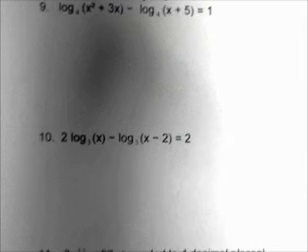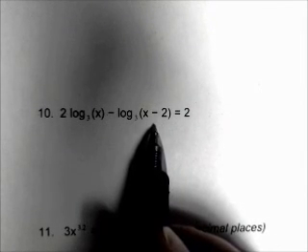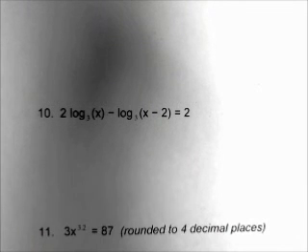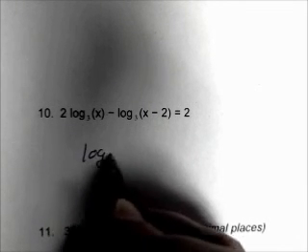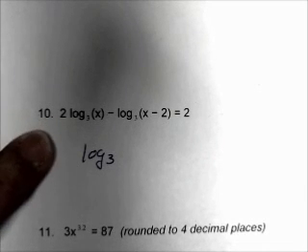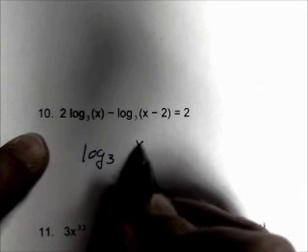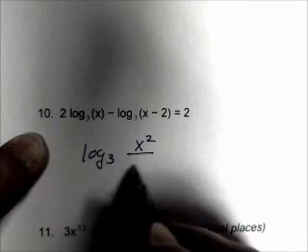Number 10, again condensing here, 1 single log base 3. The 2 out in front as a multiplier meant it was an exponent to start with, and the subtraction, division.